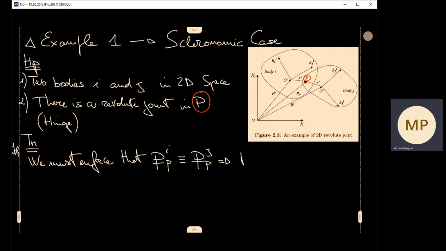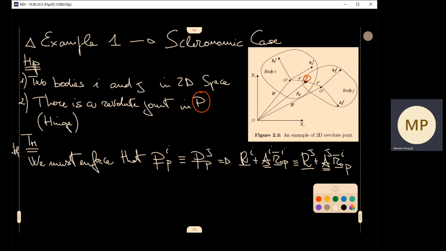Since we have learned how to write this, we can write this as the position vector of the origin of the body I plus the rotation matrix of the body I applied over the position R0 of point P described with respect to the body frame of the body I, must be equal at all times to the same quantity, but relative to the body J. Okay?